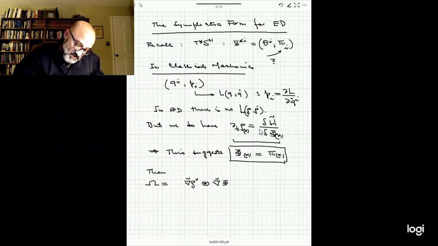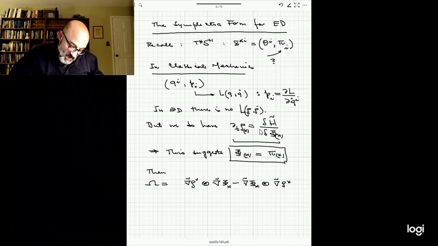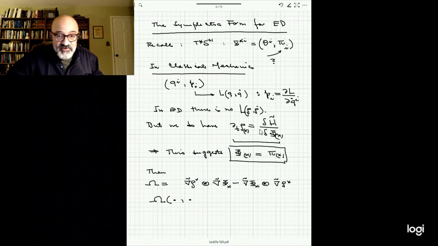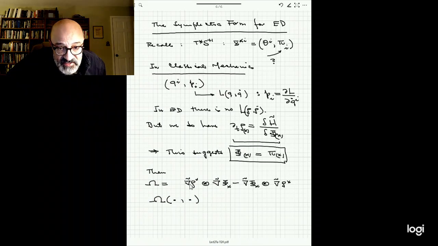This is where the momentum comes in, minus, this is an antisymmetric tensor, the gradient of phi, gradient of rho. And this obviously has two slots for vectors, one slot here for a vector, another slot there for a vector.